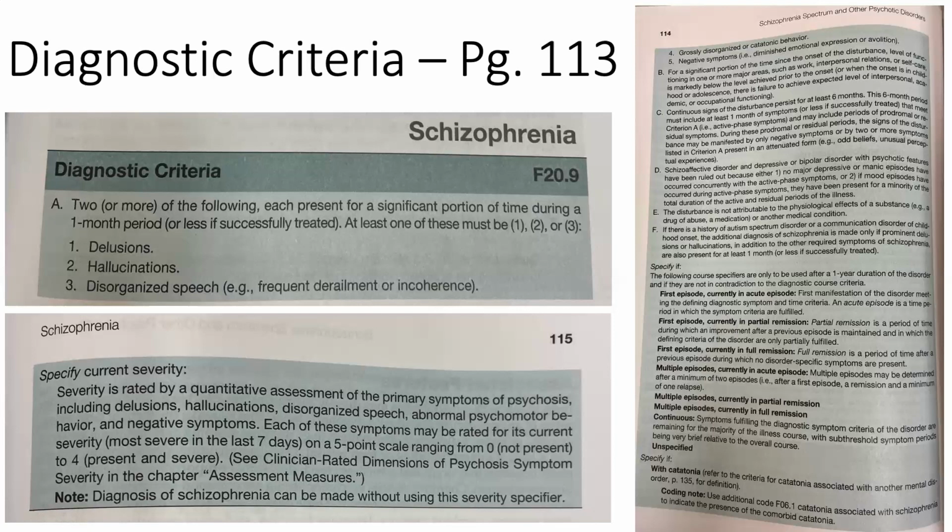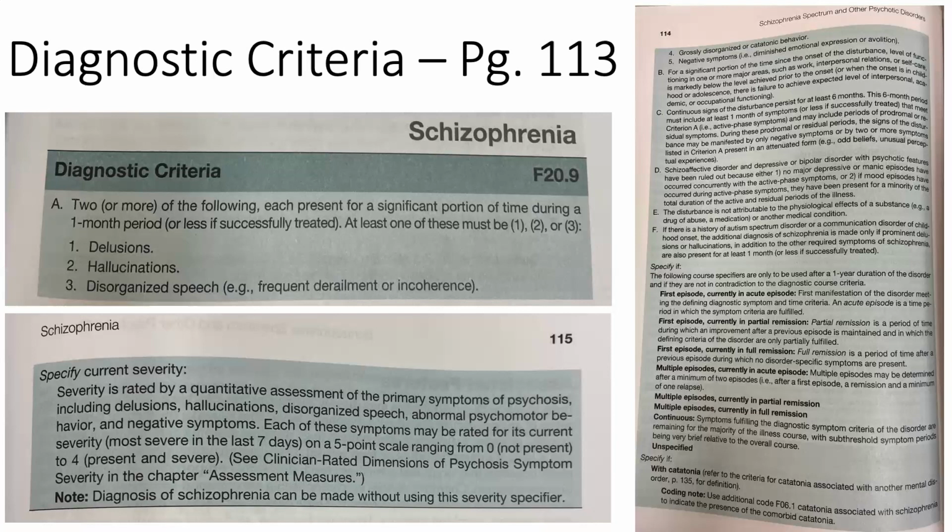Symptoms must be present for at least 6 months with criterion C. And then if you go to section D, you'll notice that we can rule out other disorders. We rule out these other disorders like bipolar disorder by noting that schizophrenia requires the presence of delusions and hallucinations.